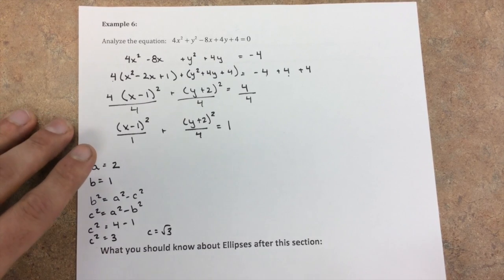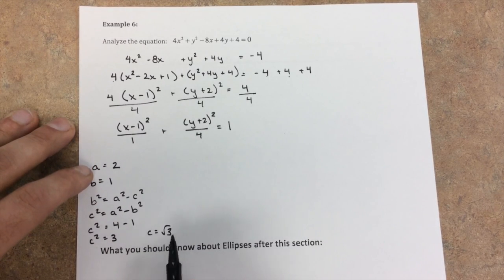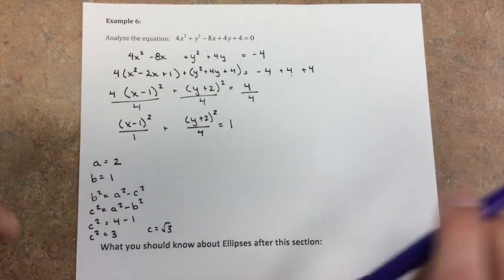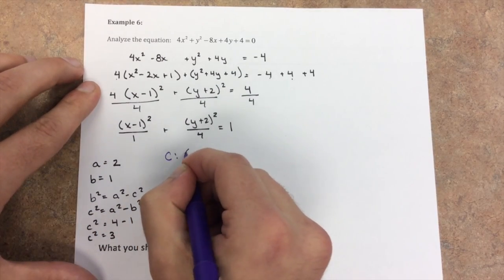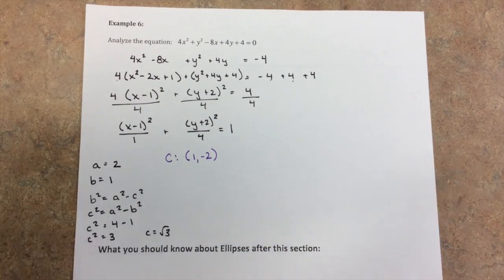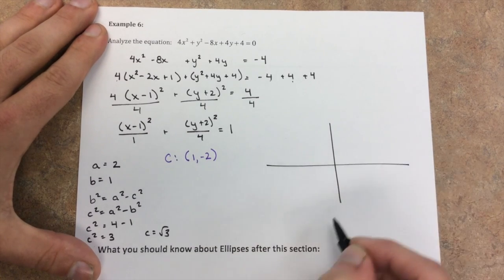So that's not that pretty. But it's just under 2. It's like 1.86. Our center here is at 1, negative 2. We have everything we need now, so all we have to do is graph.